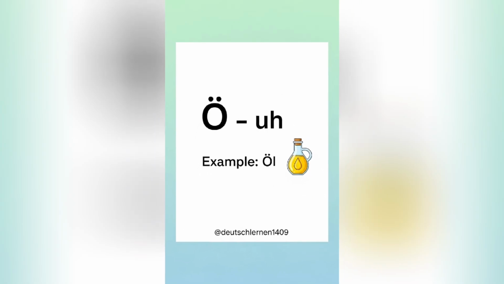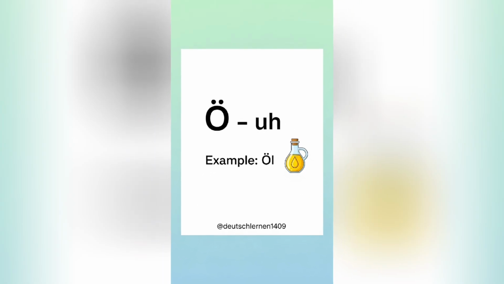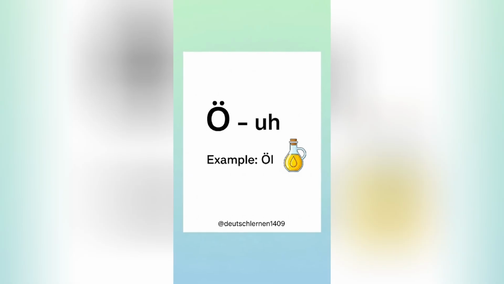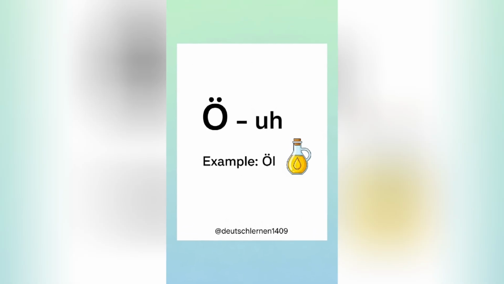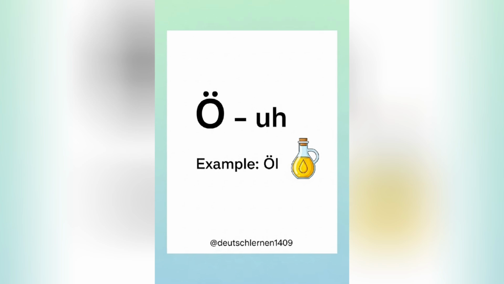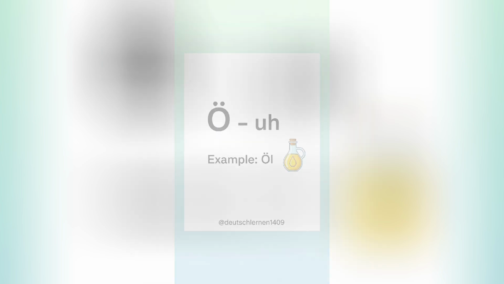O umlaut is pronounced like E, but with rounded lips. To make this sound, say E, and round your lips like you are saying O. For example, Öl, which means oil. O umlaut is one of the most difficult sounds for beginners, but with practice it becomes easy, so keep practicing.